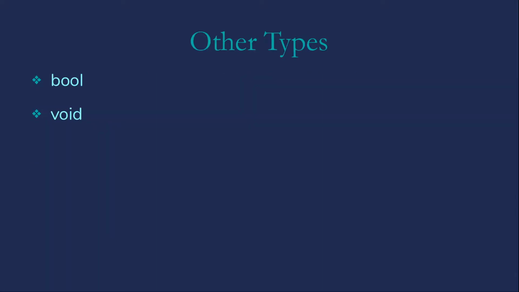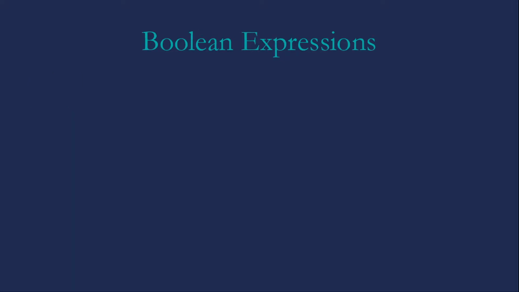There are 2 other elementary types we should mention. The Boolean type in C++ is bool, and then void is actually considered a type, mostly used in relation to pointer variables. One thing that is important to recognize about Boolean expressions in C++ is that they don't have to be of type bool. An if or loop condition can be any value. If that value is 0, then the condition is false.